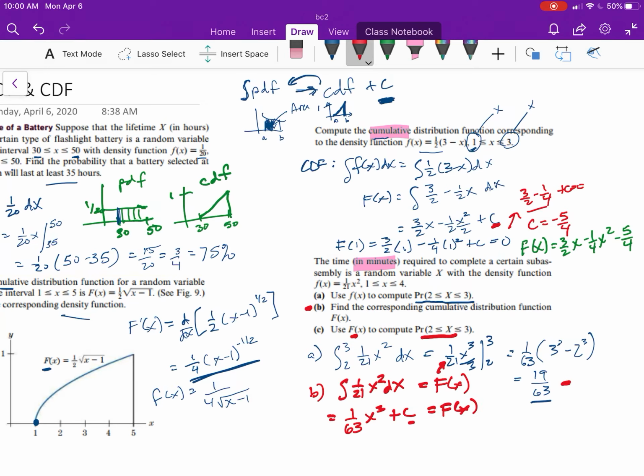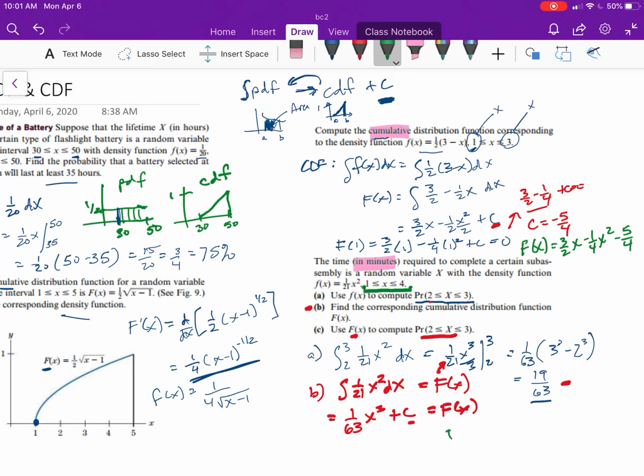I don't know this constant. But then I'm going to use the endpoint, so not the 2 and 3, because that's the probability we computed. When you look back at the original problem, it's distributed among 1 to 4, right? That's our probability density function.